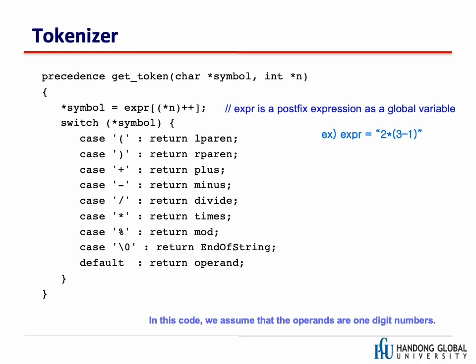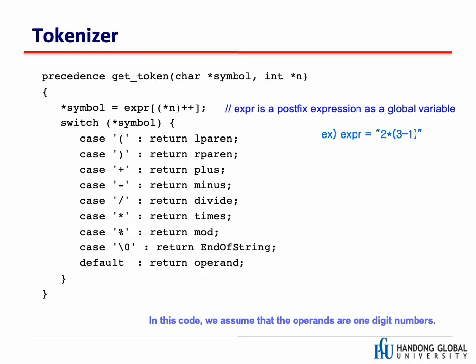In the next slide, in the functions, we will call this getToken function to evaluate a postfix expression. In that case, expr is a postfix expression as a global variable, but we can use this function to tokenize an infix expression like this example.